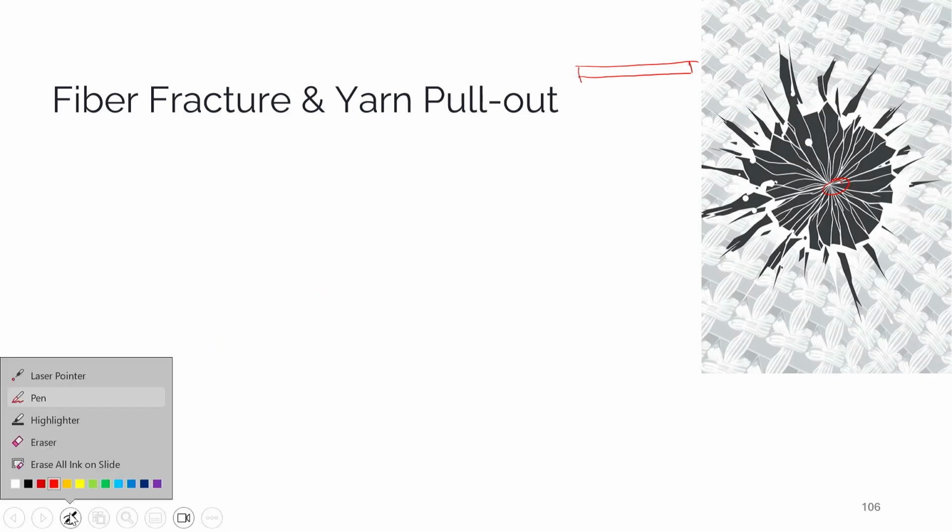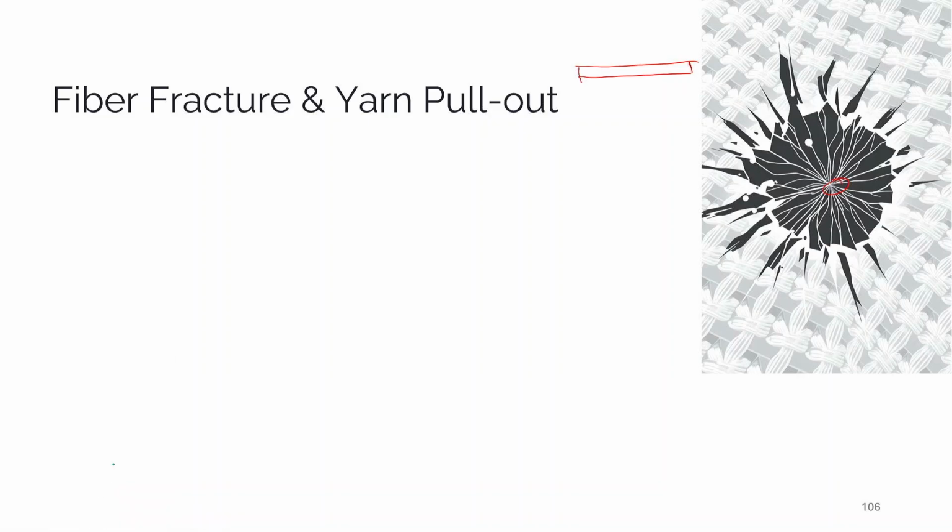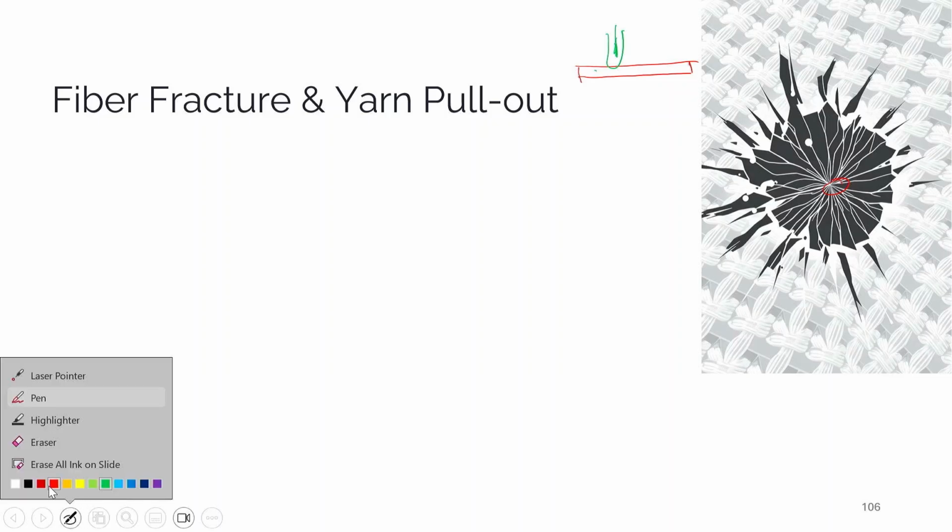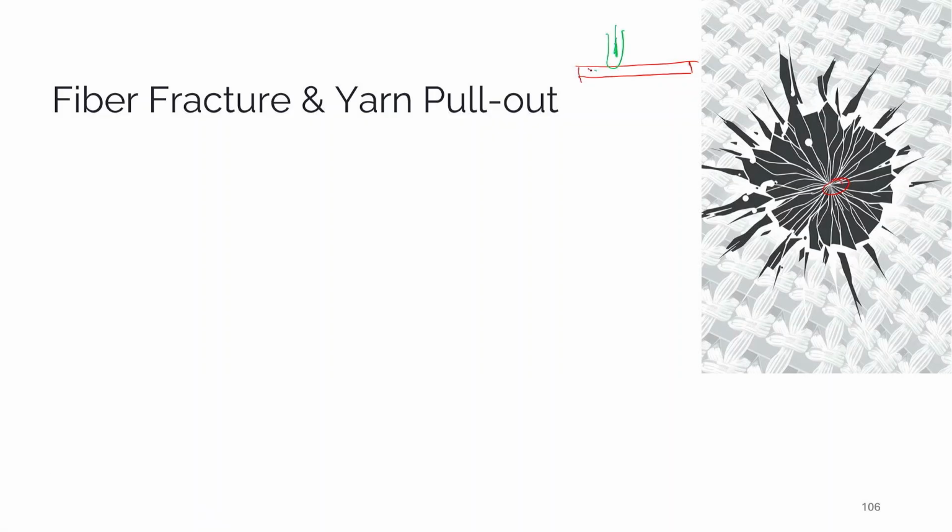In a case of say any bullet hit, it will try to apply load vertically, and the fibers or yarns coming in its way will be stretched, and then the yarn on the other side will be pushed on the other side.